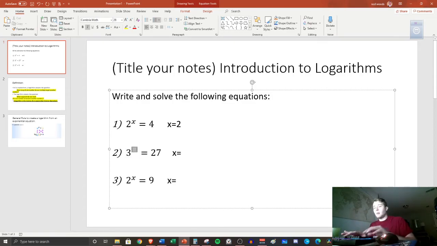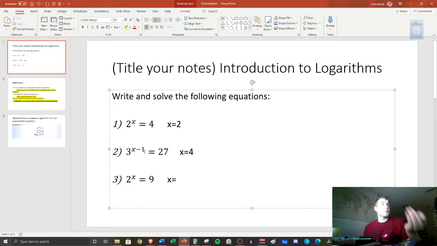But we have x minus 1, okay? So what does that mean x needs to be? If I need that final exponent to be 3, well, it should be a 4, right? Because 4 take away 1 is 3. 3 to the third power is 27. So hopefully everybody got 4, and hopefully that wasn't too confusing. Okay? So far so good.